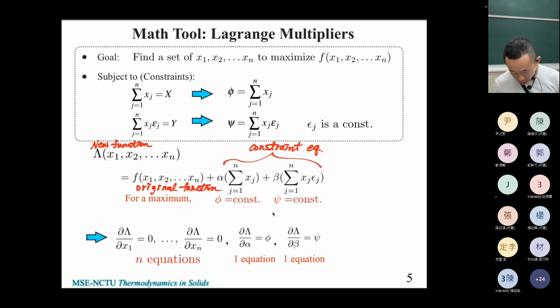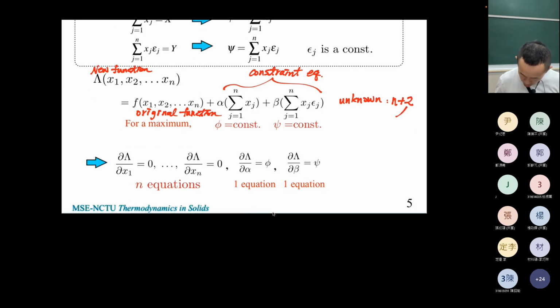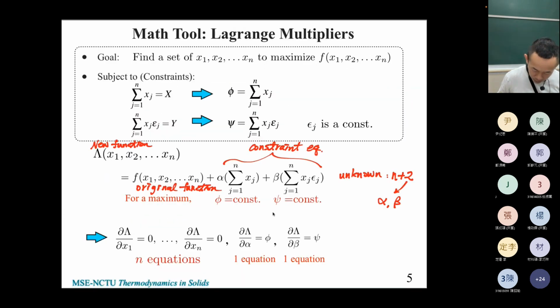So if you want to solve this equation, the unknowns will be n plus 2. Of course, n is what you expected, the x1, x2, xn, and 2 is alpha and beta, right?